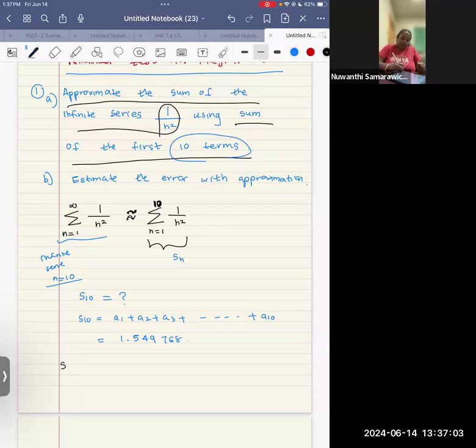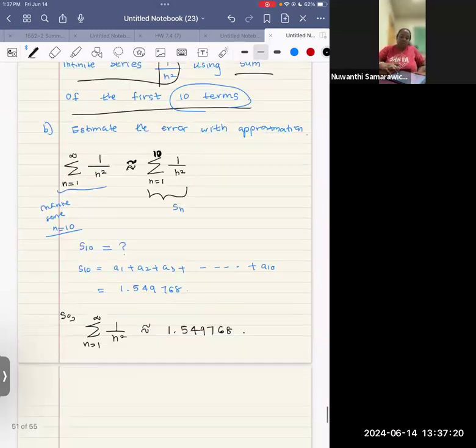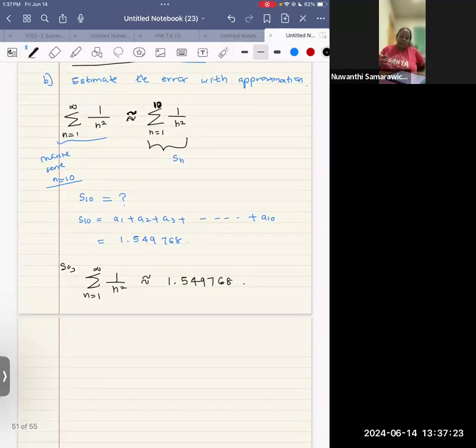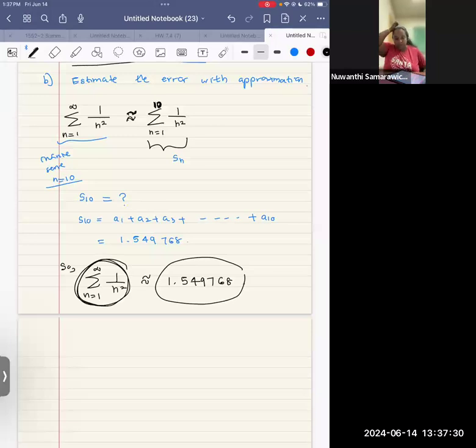So the infinite series of 1 over n squared is approximately 1.549768, just the approximation. And you see, this is a finite number. Anyway, by the P series, we know this should be convergent. This partial sum for 10 terms is also a number, so it's convergent.